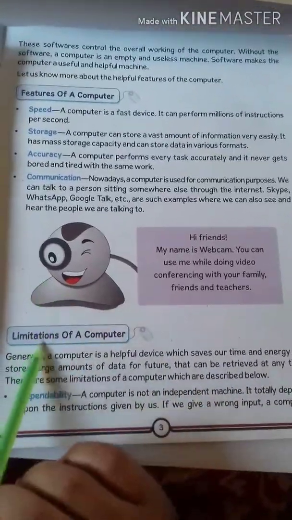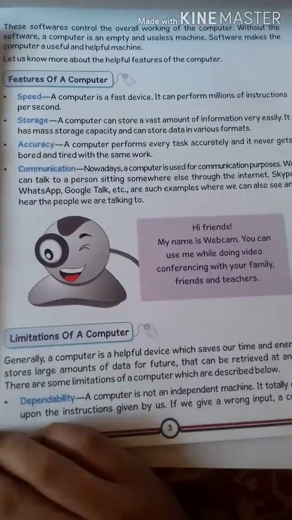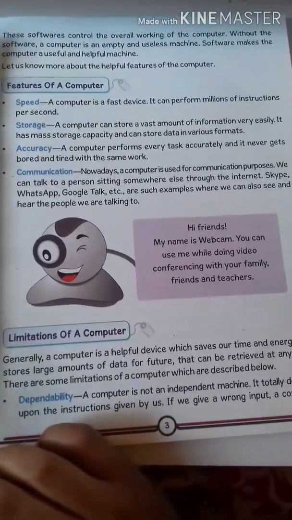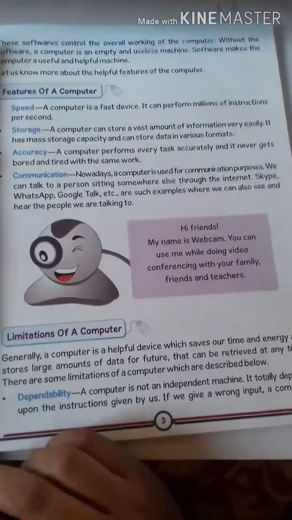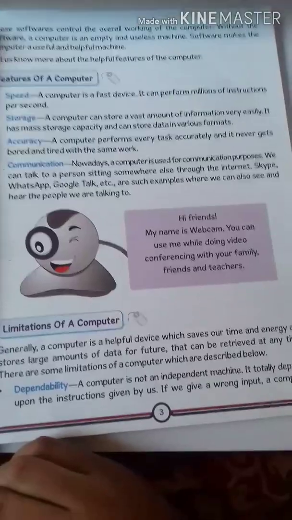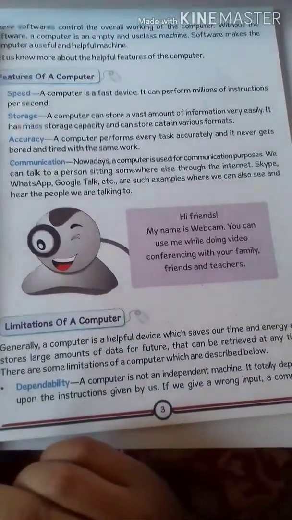What is the definition of a limitation of a computer? Generally, a computer is a helpful device which saves our time and energy and stores the largest amount of data for the future. There are some limitations for a computer.